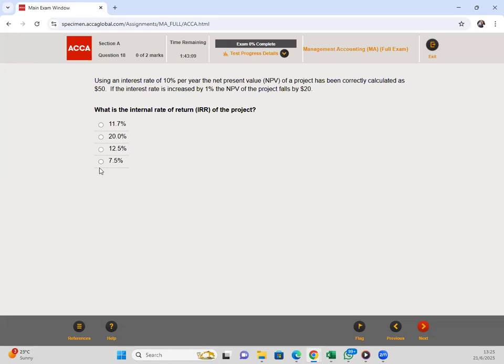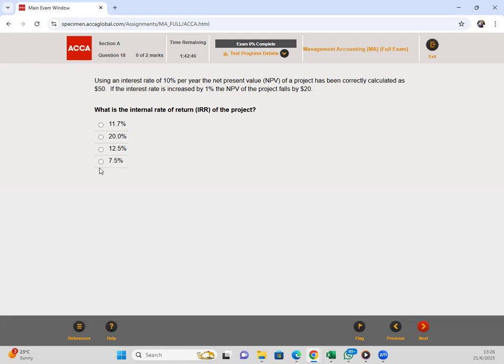Okay, let's move. So what is the internal rate of return? 7.5, it can't be. Why? Because it should be higher. If we lower the rate, the NPV is going to become higher. But remember, as the rate increases, the NPV falls.